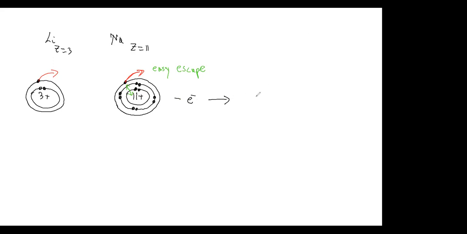It would be like this. 11 protons in the nucleus, doesn't change. 2 electrons in the first shell also stays the same. Here we have 8 other electrons in the second shell, but the third shell doesn't exist anymore because the electron has escaped. So this is sodium element.